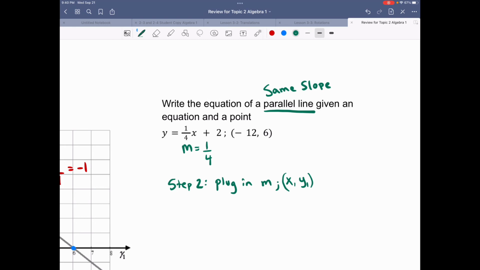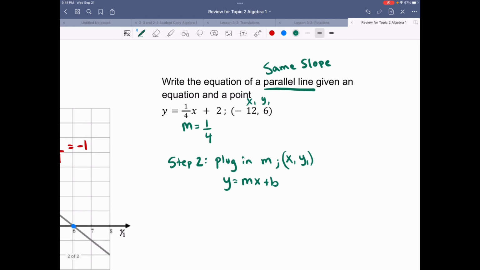But I'm going to show you how to do it into slope intercept form. So we'll plug it into y equals mx plus b because it's harder. If I wanted to put it into point slope form, it would be easy because I would just use this as my x1, y1. And I would do the y minus y1 equals m parentheses x minus x1. But I'm going to do it the hard way because this is review.